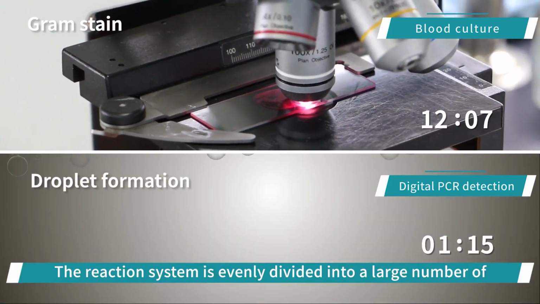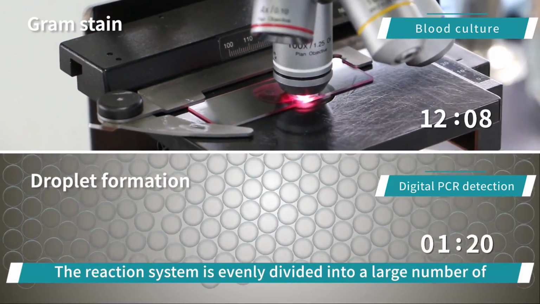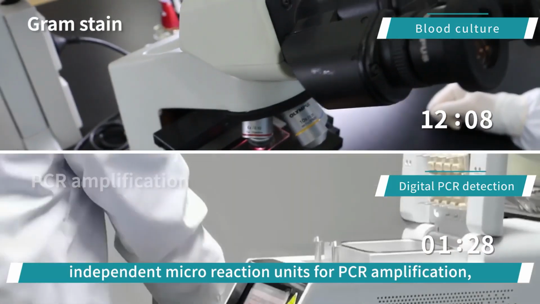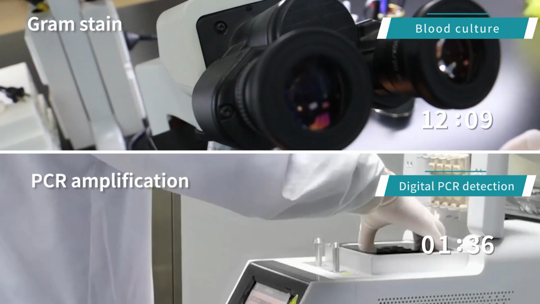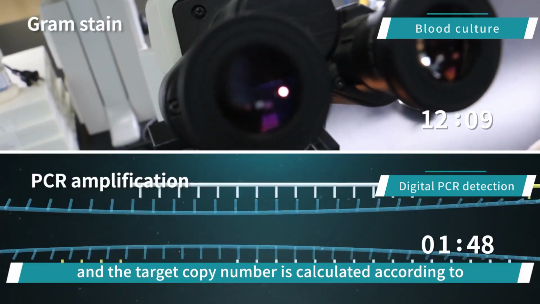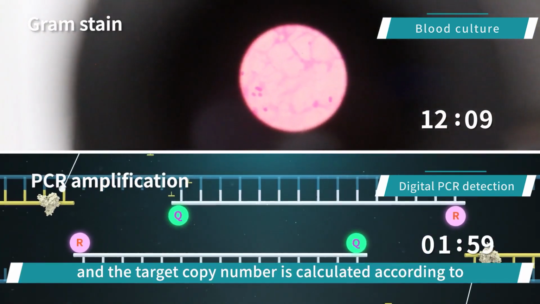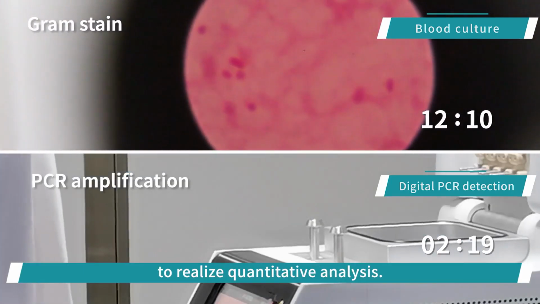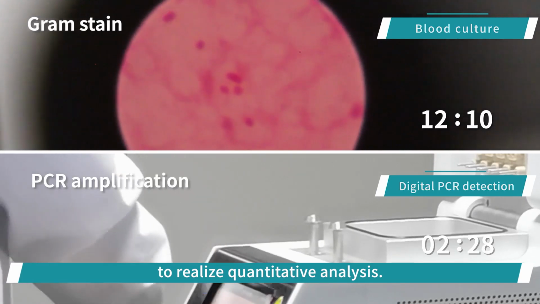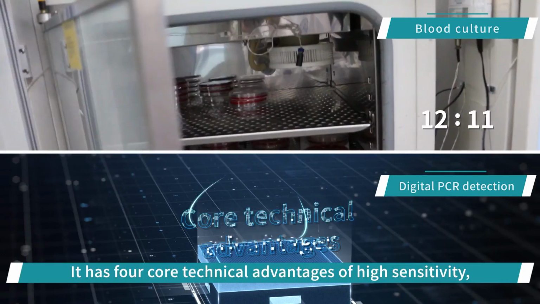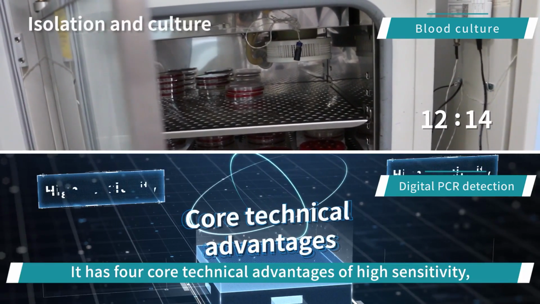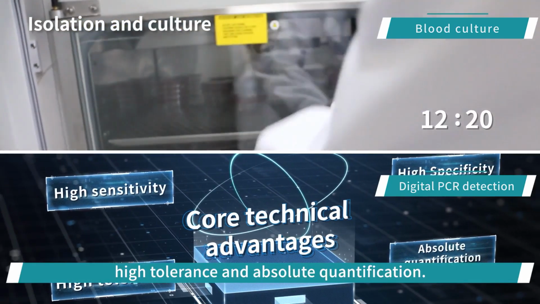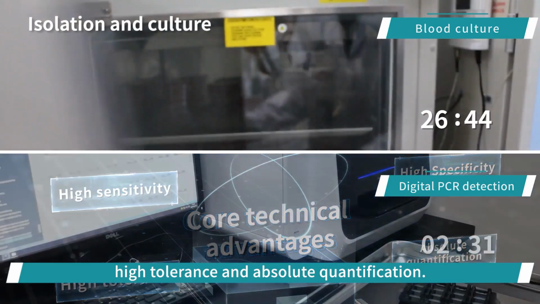The reaction system is evenly divided into a large number of independent microreaction units for PCR amplification, and the target copy number is calculated according to the Poisson distribution formula to realize quantitative analysis. It has 4 core technology advantages of high sensitivity, high specificity, high tolerance, and absolute quantification.